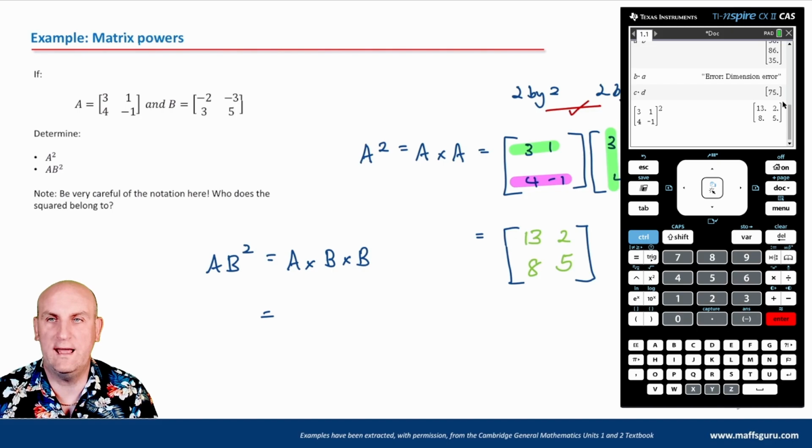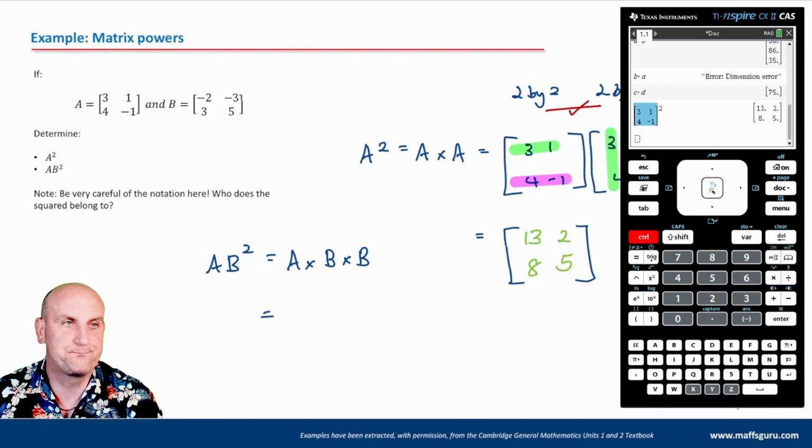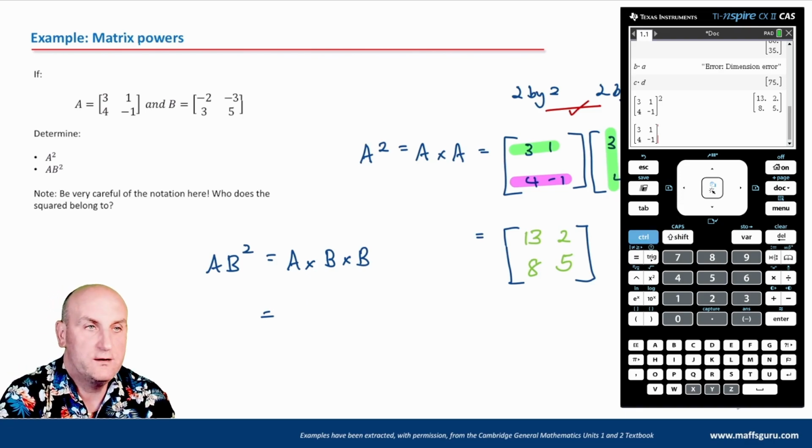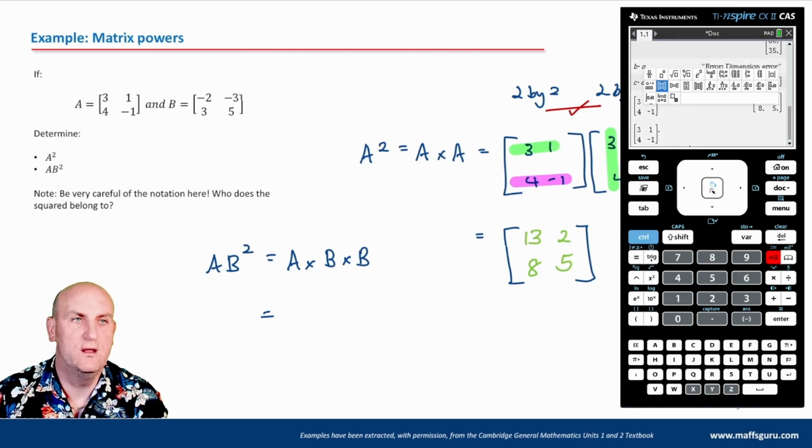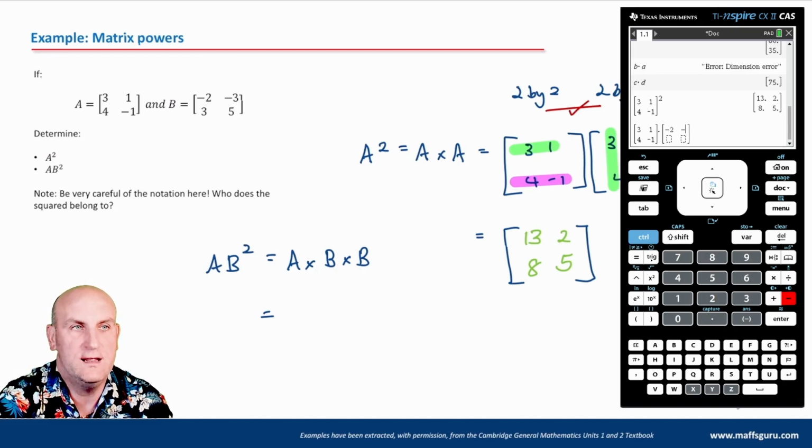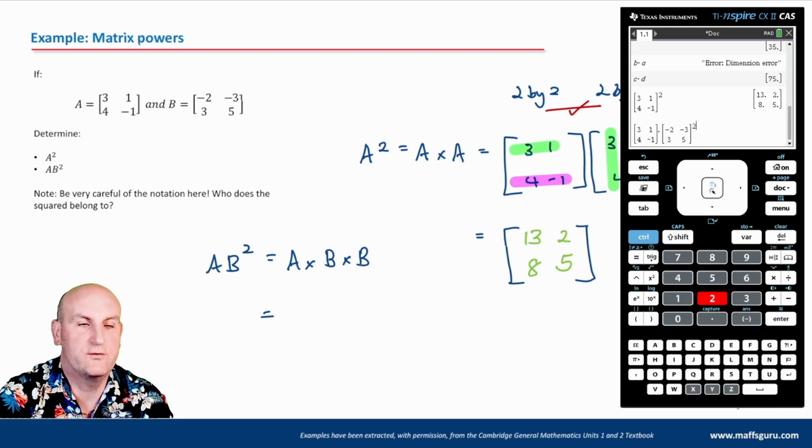So what do we want? We want A. Well, I've already got an A there. So I'm going to copy this down. And I'm going to times, don't forget that times sign. Put in my matrix, 2 by 2, what's B? -2, -3, 3 and 5. And then we would have to square that.